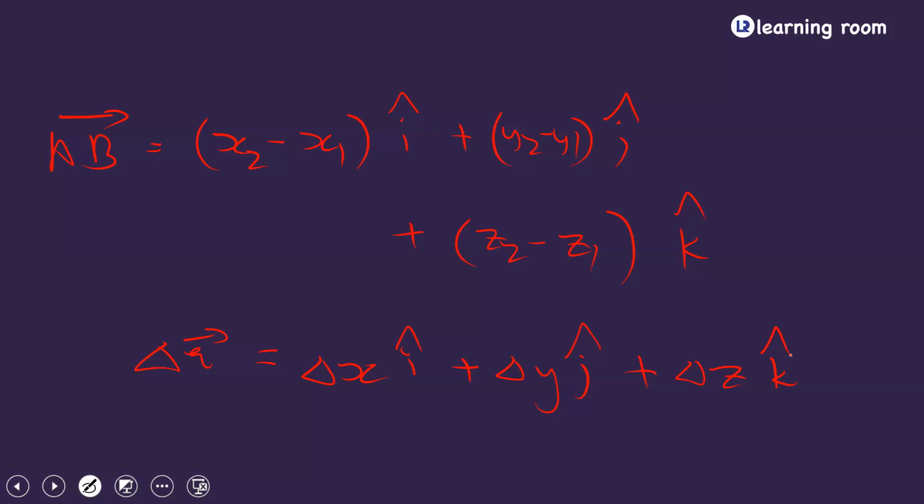Yeah, that's what the vector is related to, the AB vector. Okay, you are able to understand that delta R and AB are the same thing, right? This is a different thing.